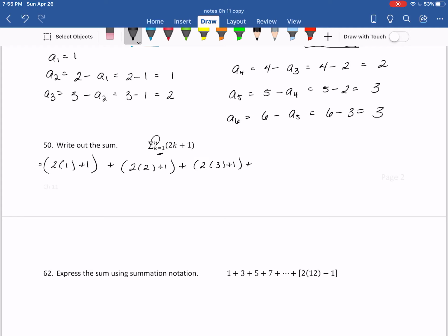Repeat it a fourth time: 2 times 4 plus 1. Repeat it a fifth time, a sixth time. You go on until you stop, and you stop when you hit the value n. So that's going to be 2 times n plus 1.